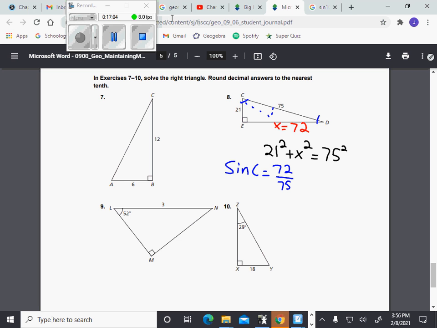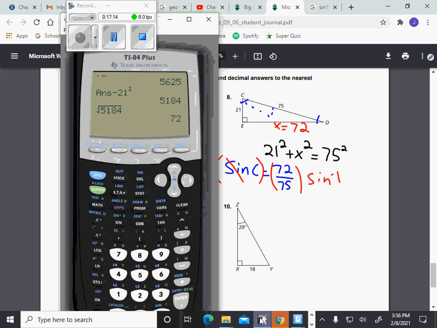And again, I need to take the inverse sine, that'll cancel out here. So the inverse sine of 72 divided by 75 is equal to 73.8.